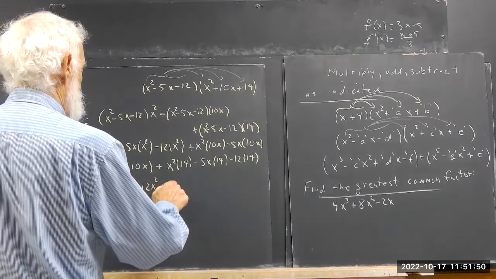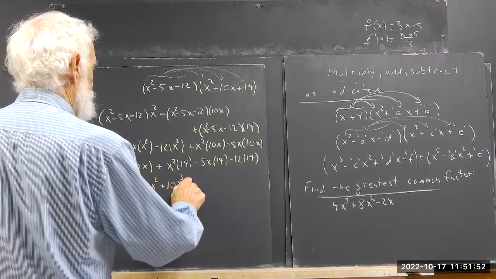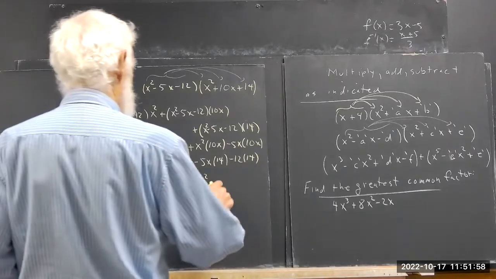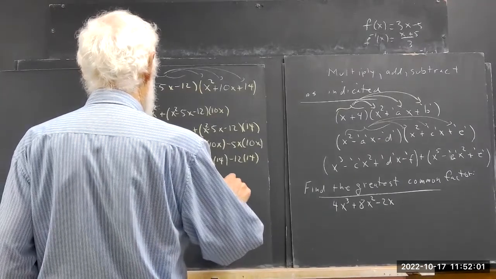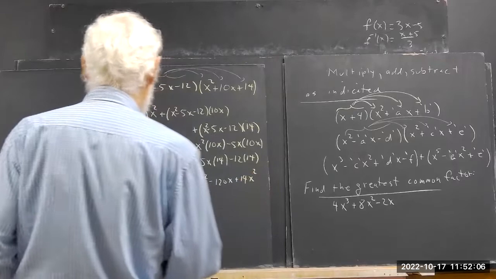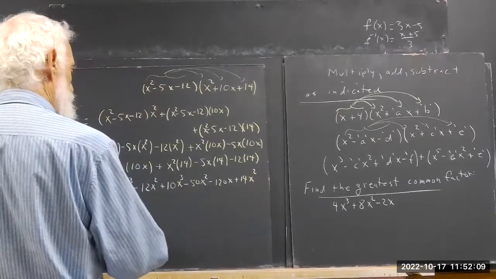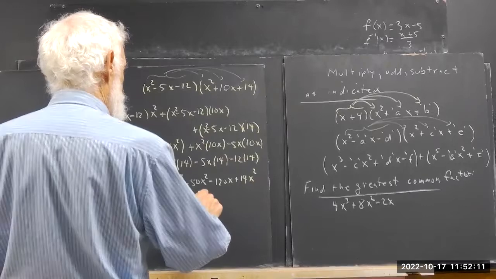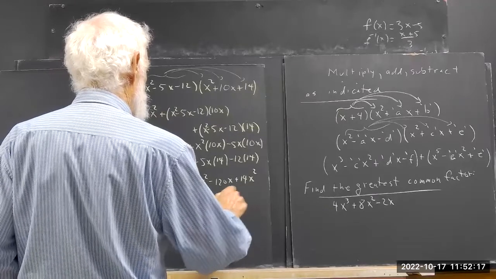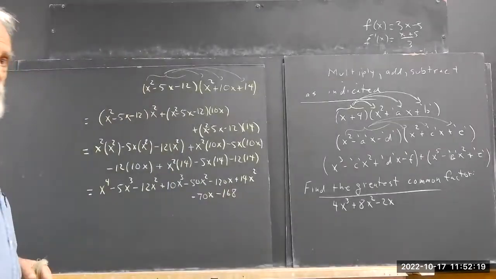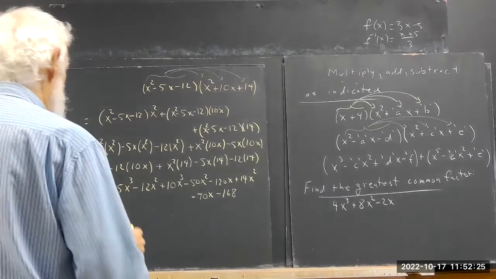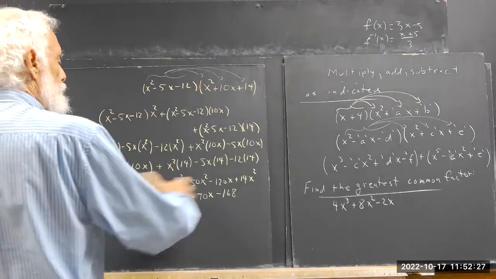And then plus 10x cubed, minus 50x squared, minus 120x, plus 14x squared, minus 70x, minus 168. And everybody's pretty much getting this stuff.